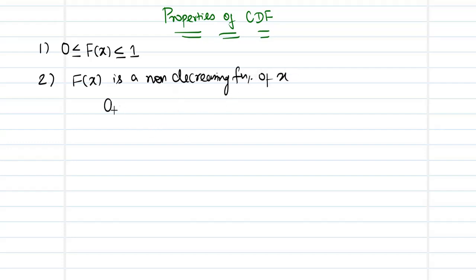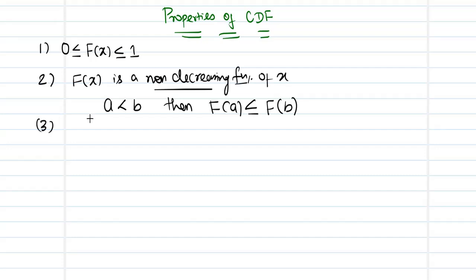Whenever we have a less than b, then the value attained by F at the position a will always be less than or equal to the value attained by F at the position b. So F of x is a non-decreasing function. Its value is going to be less for a lesser variable and more for a greater variable.